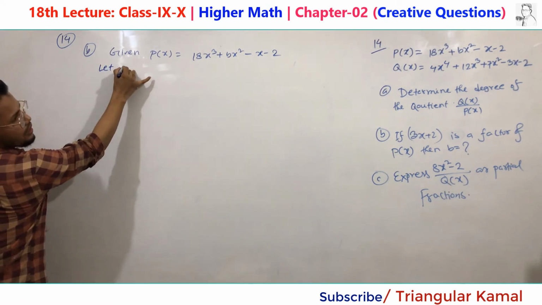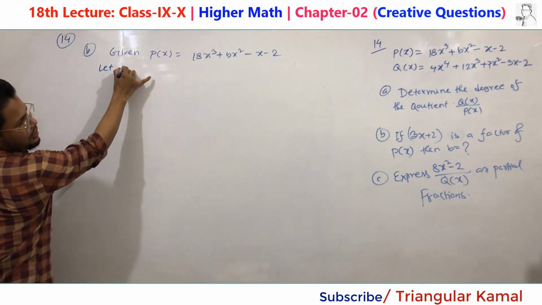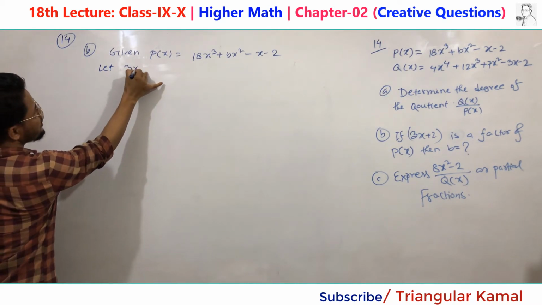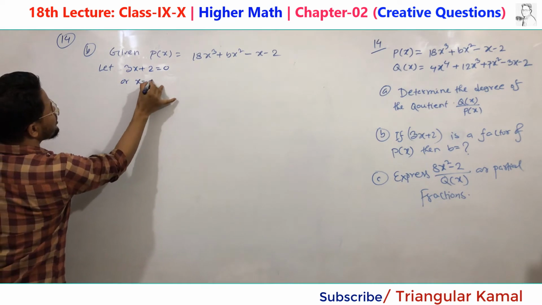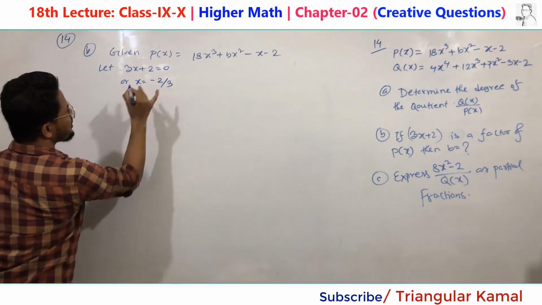Let the given factor 3 times x plus 2 equal 0, or x equals minus 2 by 3.